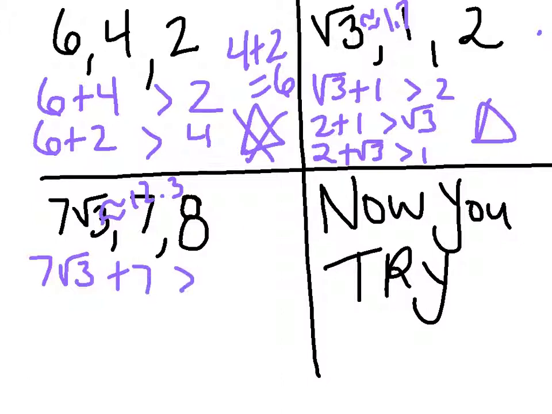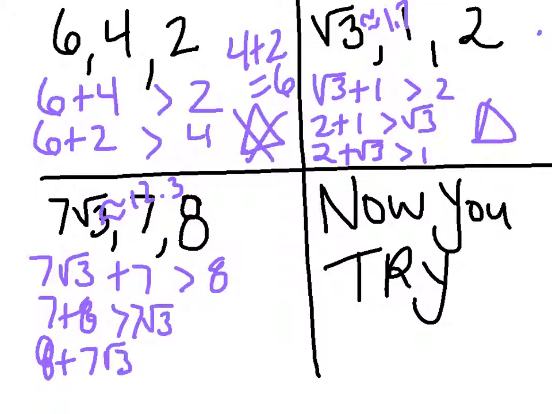Plus 7, greater than 8? Of course. 7 plus 8, greater than 7 radical 3? Well, I just told you before that 7 radical 3 is about 12.3, so that's true. And 8 plus 7 radical 3, 8 plus 12.3 is definitely greater than 7. And so we have a triangle here.